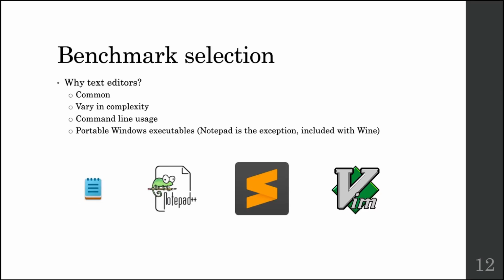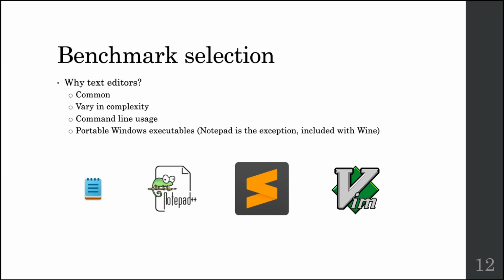For the benchmarks, as mentioned before, we chose 4 Windows text editors: Notepad, Notepad++, Sublime Text, and Vim. Why did we choose text editors? Because they're very common, they have a good range of complexity between them, and they can all be run from the command line and accept file names as arguments. This made them easy candidates for creating mutations from the seed input and then testing each of those mutations.